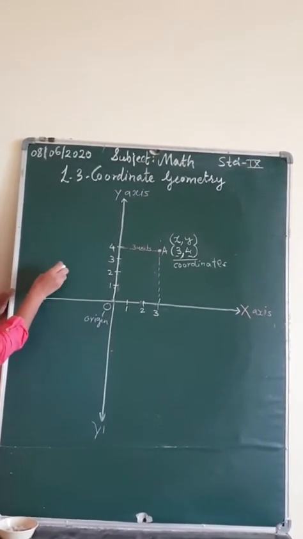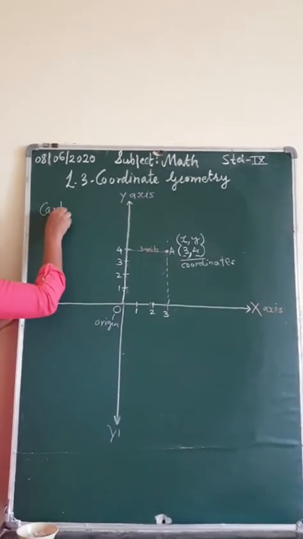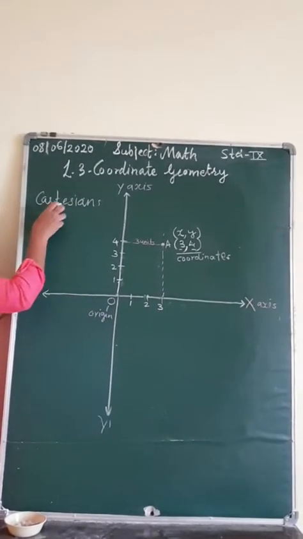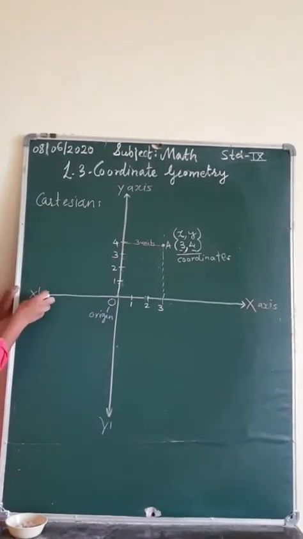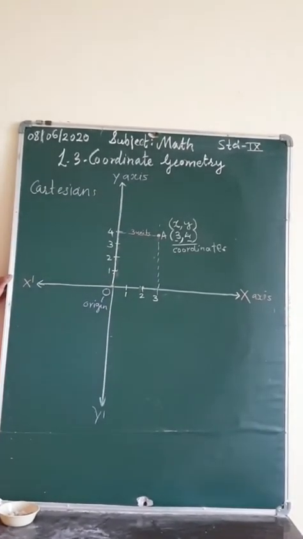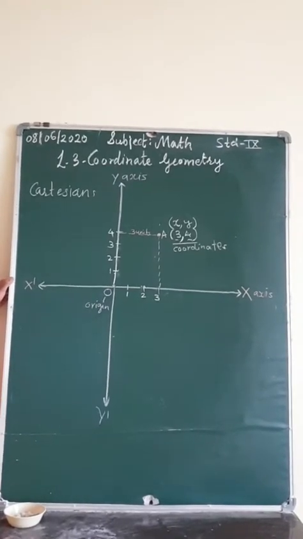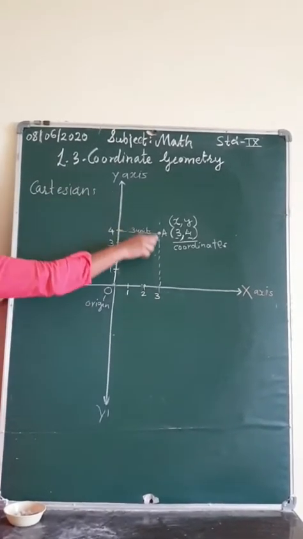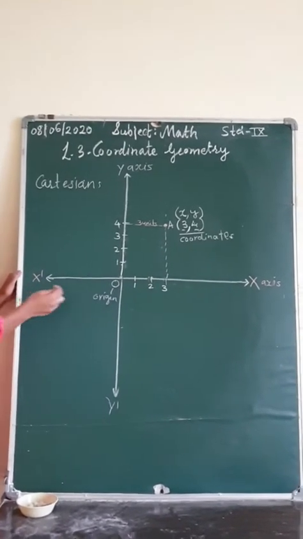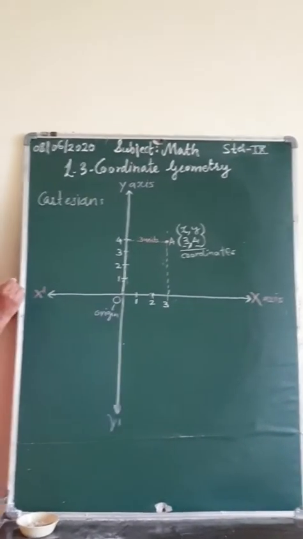Now, this coordinate plane is also known as the Cartesian plane. This coordinate geometry, or this plane, was developed by a French mathematician, René Descartes. That's why this plane is also known as the Cartesian plane. Now, what will be the coordinates of this point of origin?